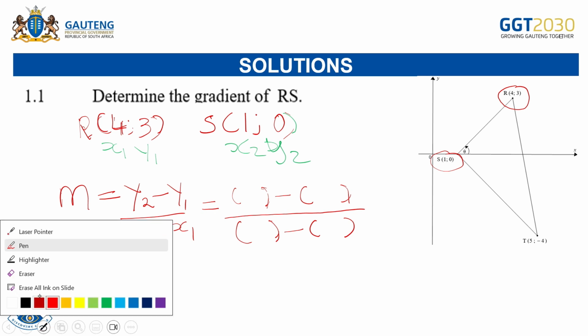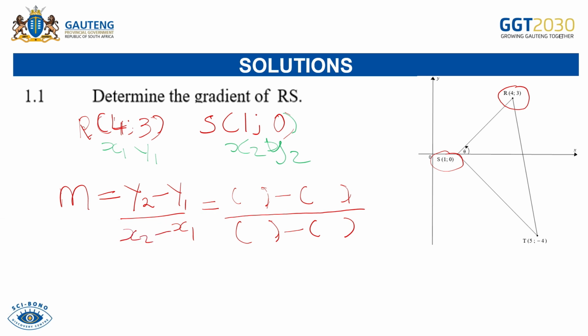What are we substituting? Your y1, which is 3, and your y2, which is 0, and your x2, which is 1, and your x1, which is 4.